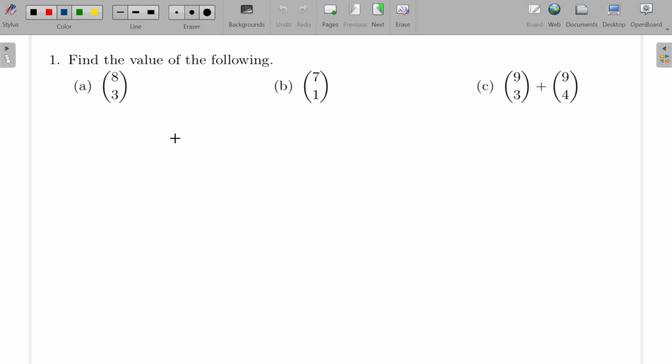Now, when we are talking about binomial expansion, we're just talking about ways in which we can expand. For example, if you have two numbers, A and B, raised to a very high power, for example 10, you have to multiply A plus B, again A plus B, again A plus B, up to 10 times.